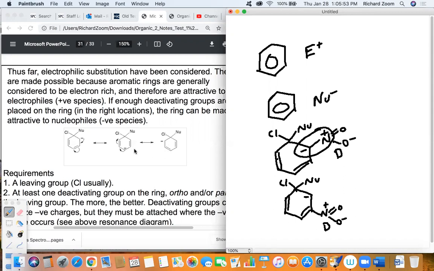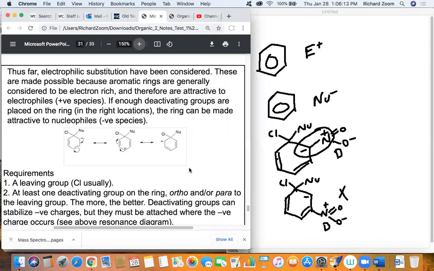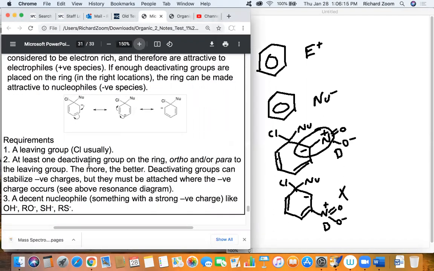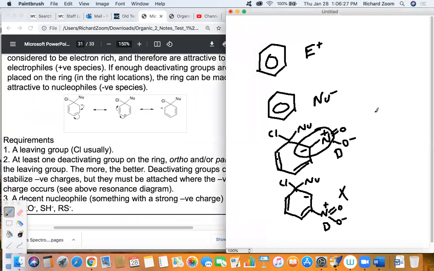And if you look at the locations where the negative charge can appear, they can never appear at the meta position to where the nucleophile attacked the ring. So it won't work if the nitro group, or the deactivating group, is not in the ortho or para position. So these are the requirements: a leaving group, Cl usually, at least one deactivating group on the ring, ortho or para to the leaving group, and a decent nucleophile, something like OH-, RO-, SH-, or RS-.